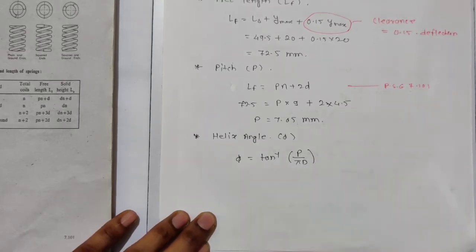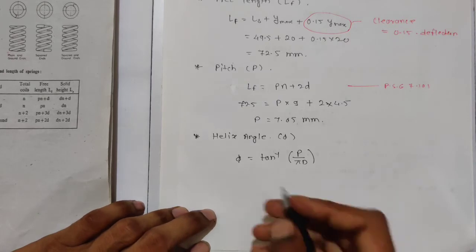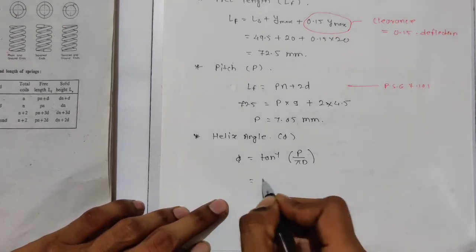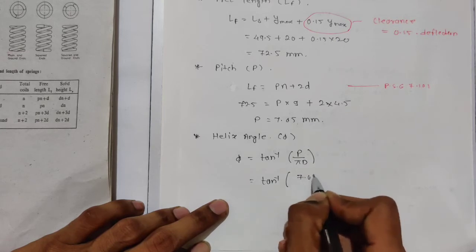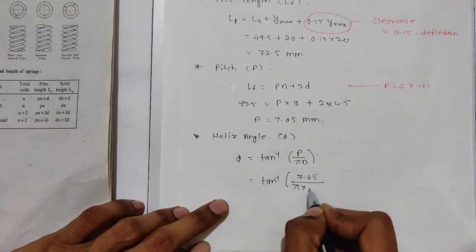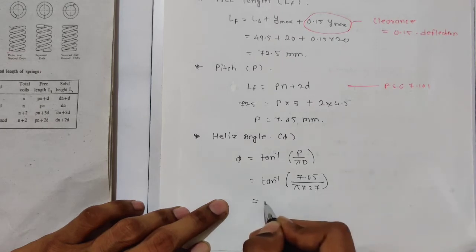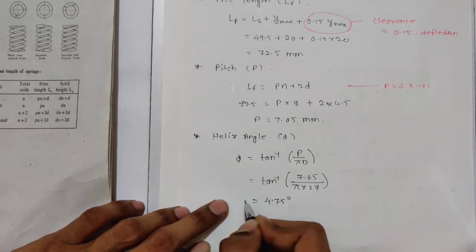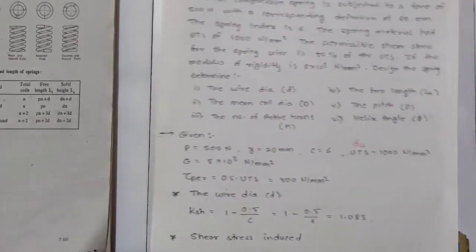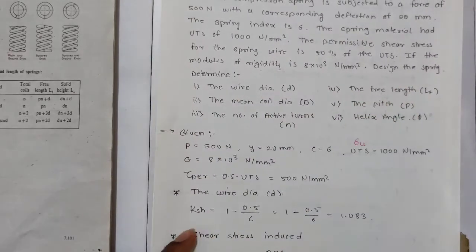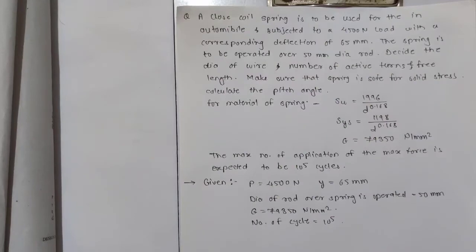So as in our power screw, it is equal to tan inverse of P, which is 7.05, upon pi into 27, and you will get the value as 4.75. Okay, so I think we got all the values required. So this is the static approach. It is easy. When we get to the dynamic approach, it is a little tough. So we'll see one more problem of the static approach. Let's move to the next question.